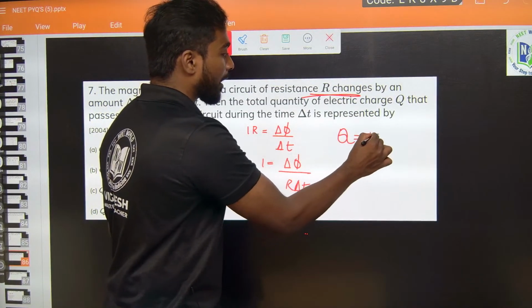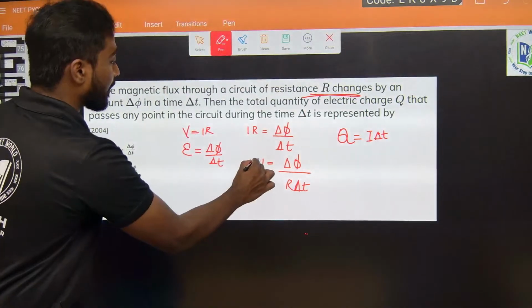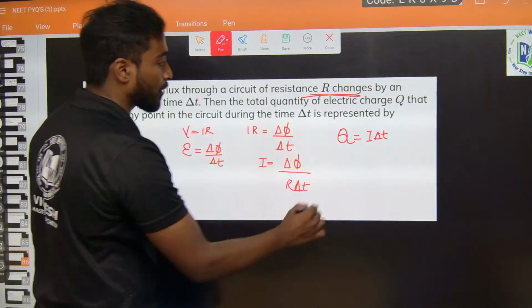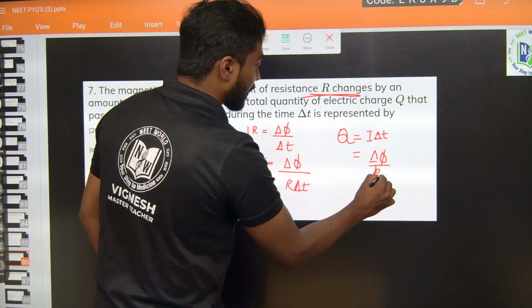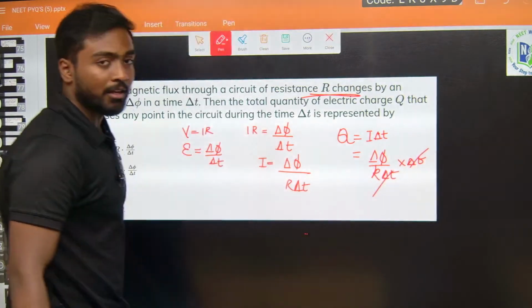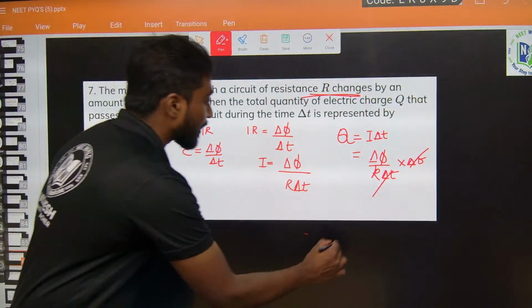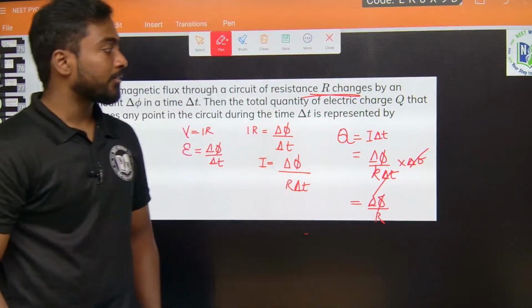Q is nothing but I into delta T. So I can take the value of I and substitute in this equation. So delta phi by R into delta T, into delta T. Delta T will get cancelled. What will be the remaining term? Delta phi by R. This is the answer.